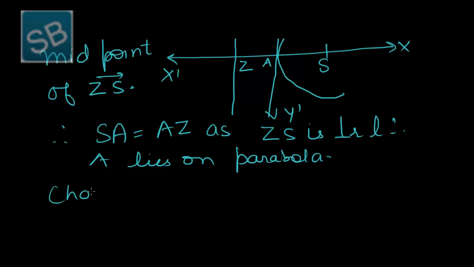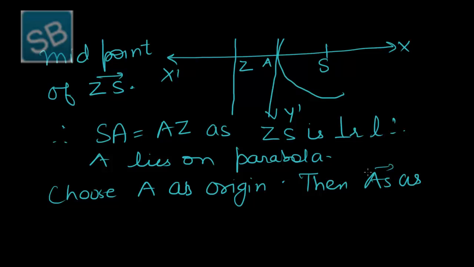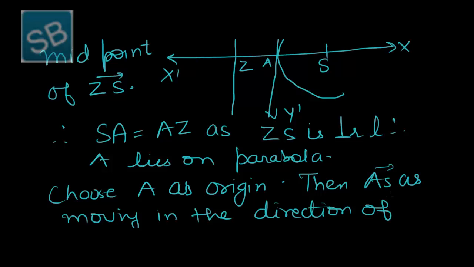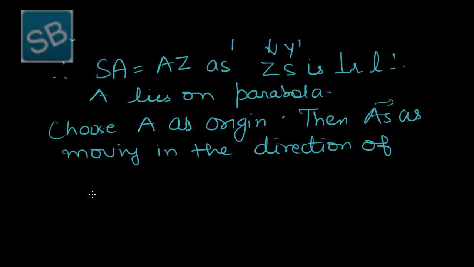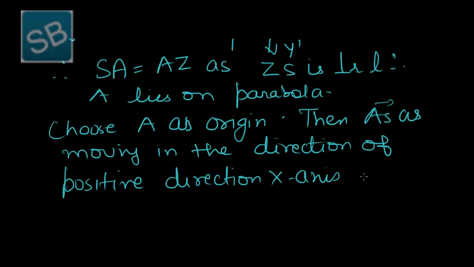Now we choose A as origin, then AS moving in the positive direction of the x-axis, and let ZS be equal to 2a.